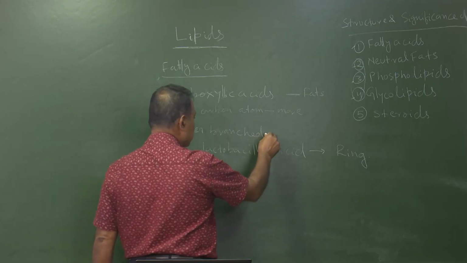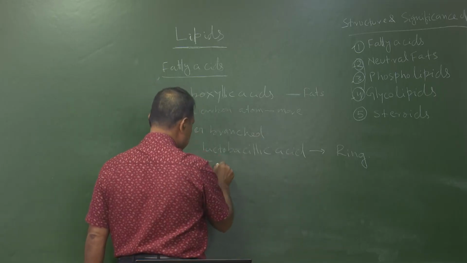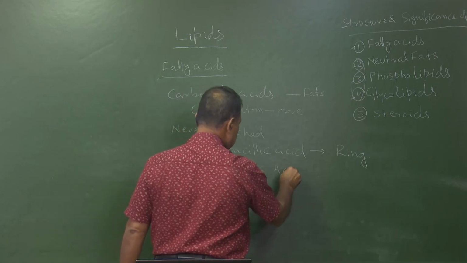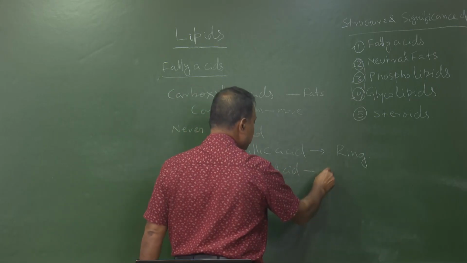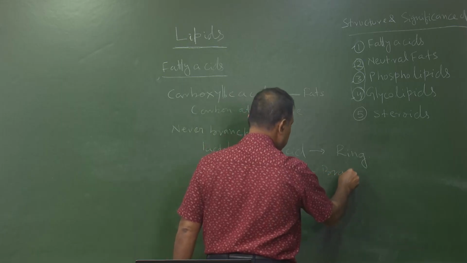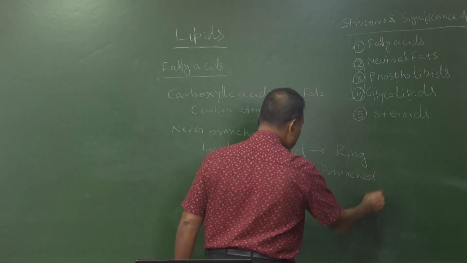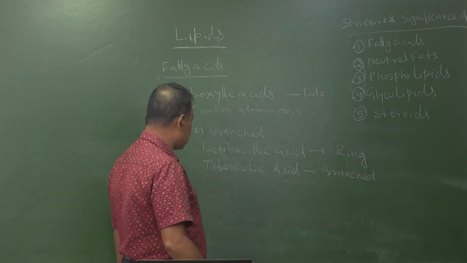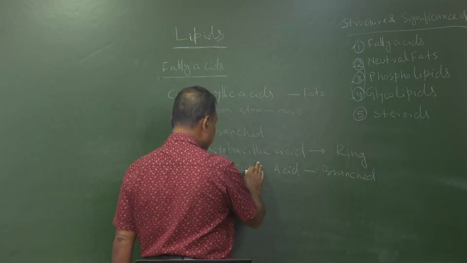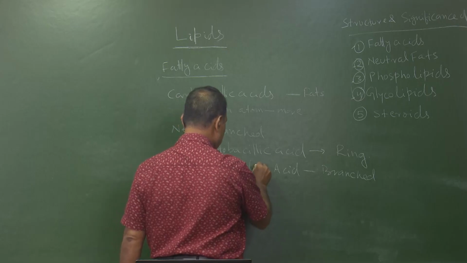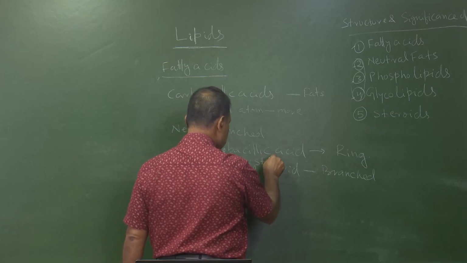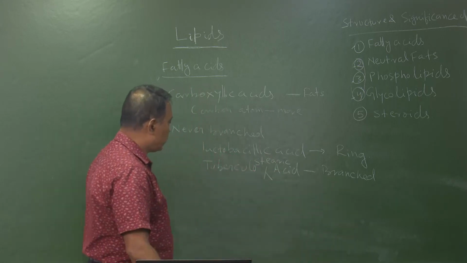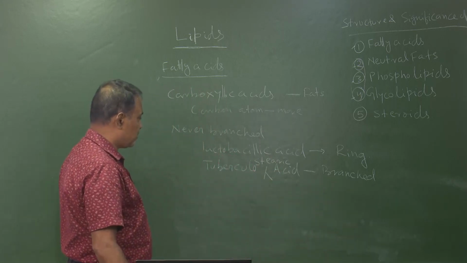And here tuberculostearic acid, here it is branched. These two are very interesting fatty acids. They are the exceptions. Tuberculostearic acid, that is branched.